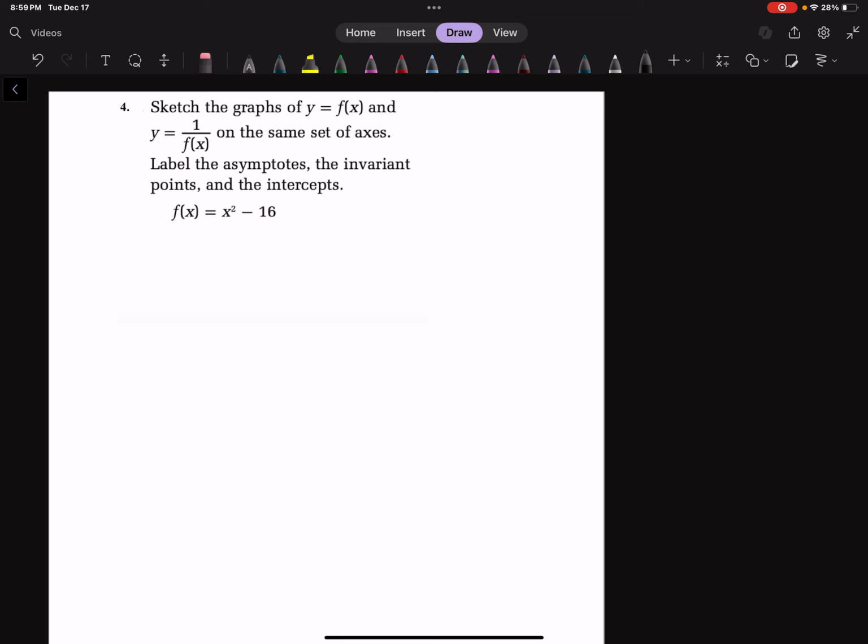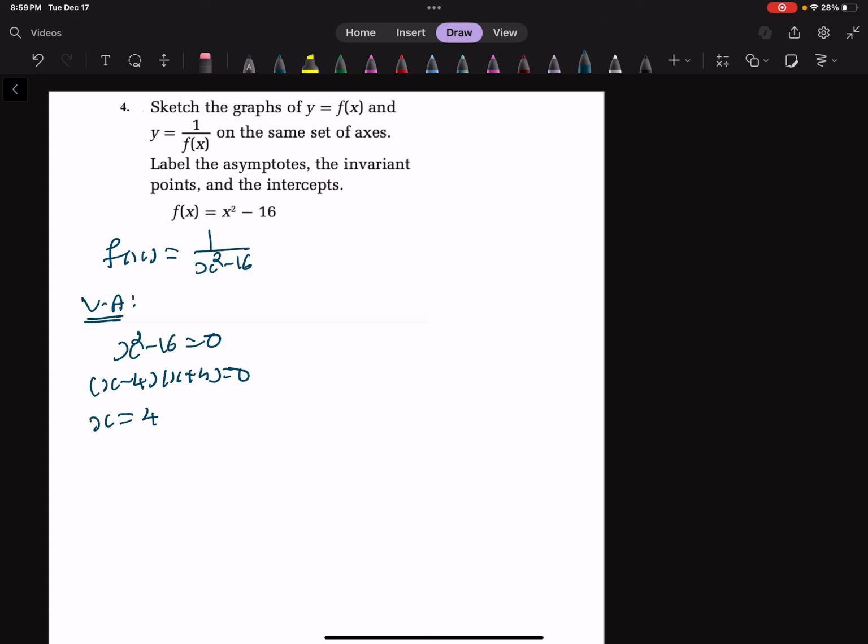So let me first find the asymptotes. First of all, the reciprocal function is y equals 1 over x squared minus 16. So the VA is where x squared minus 16 equals 0. Factor it: (x minus 4)(x plus 4) equals 0.